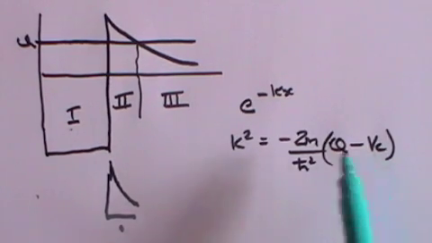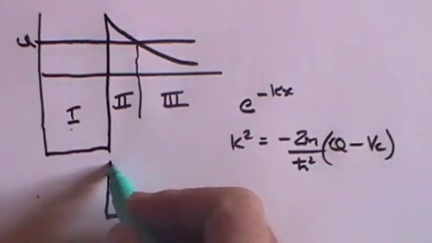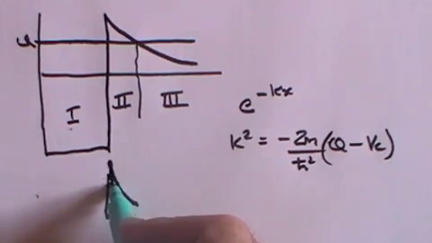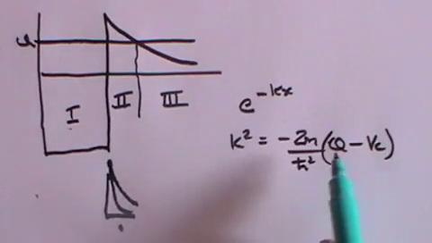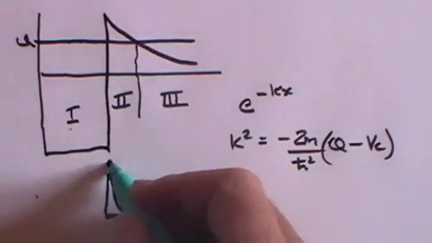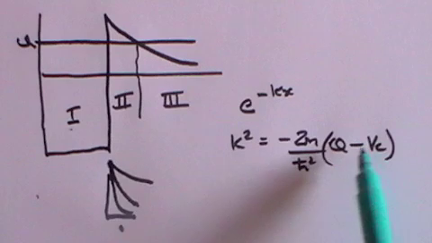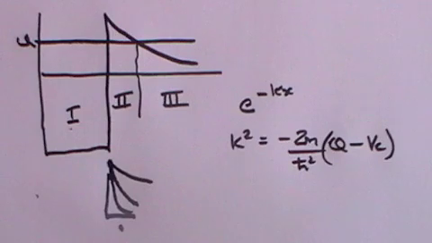The greater that difference, the sharper is going to be the fall off. So if Q is a long way short of Vc, then the exponential decay will be very fast. If Q is almost Vc, then the exponential decay is going to be very gradual. So the greater this gap is, the sharper the exponential fall will be.